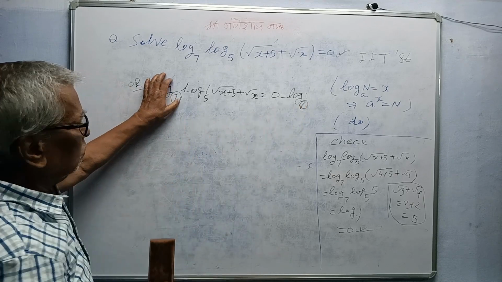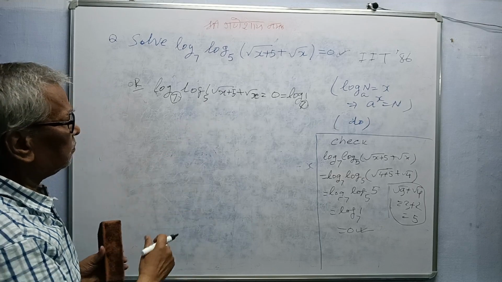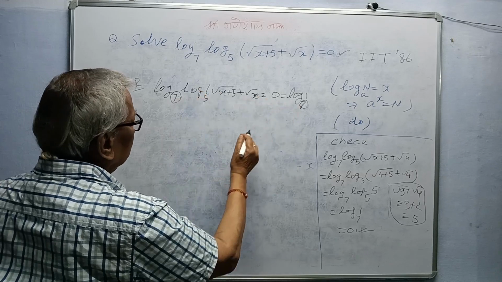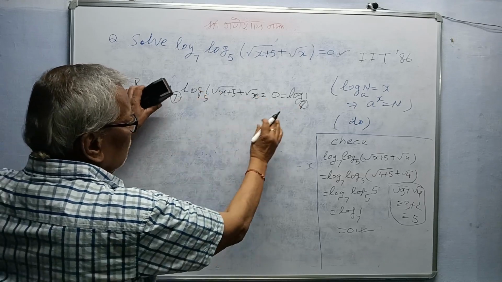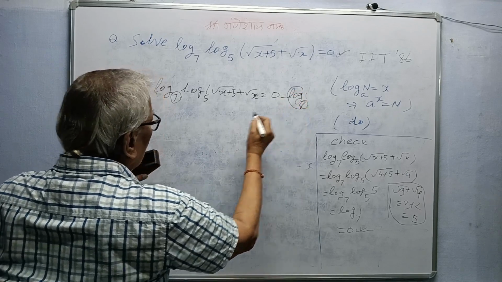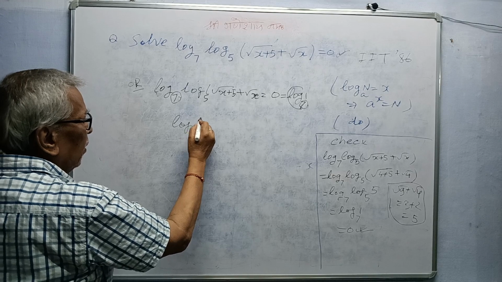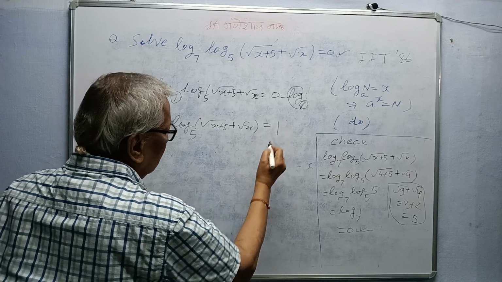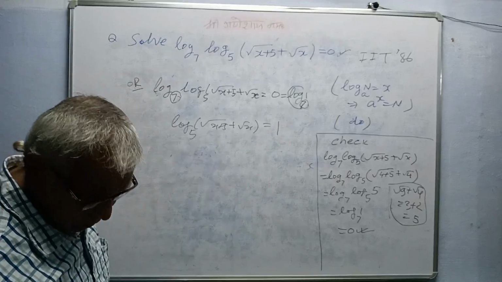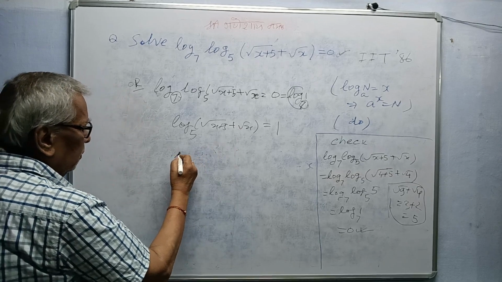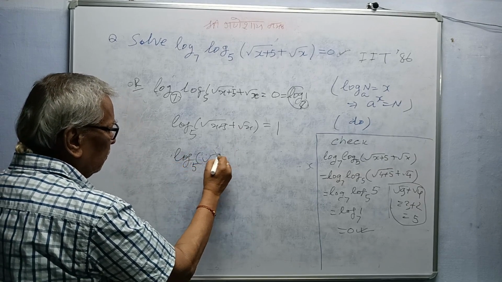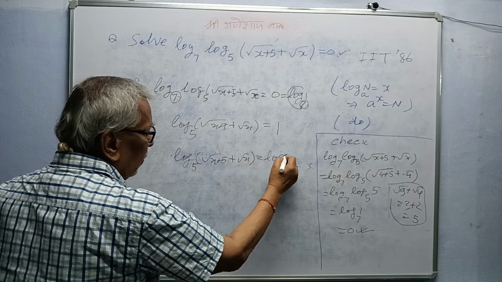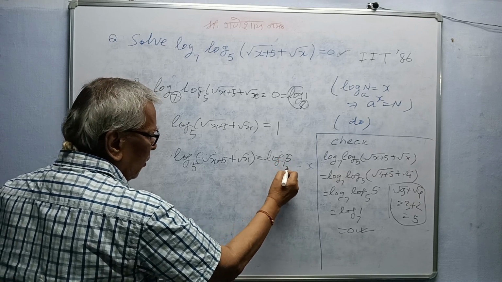So this will go out now, these both. So log to the base 5 of root x plus 5 plus root x is equal to 1. Here we can also write log 5 of root x plus 5 plus root x is equal to log 5 to the base 5.